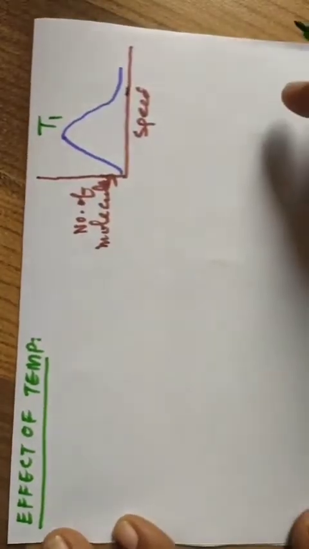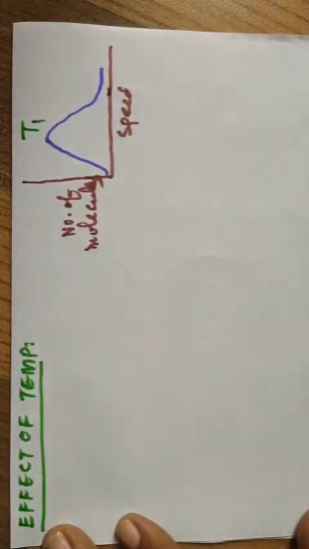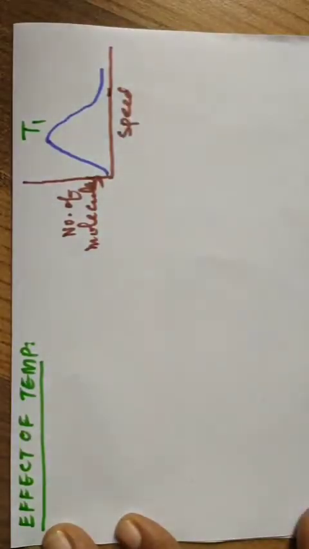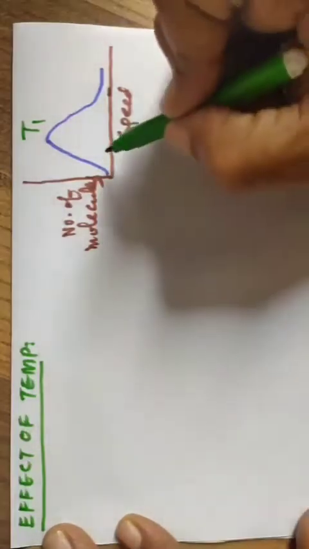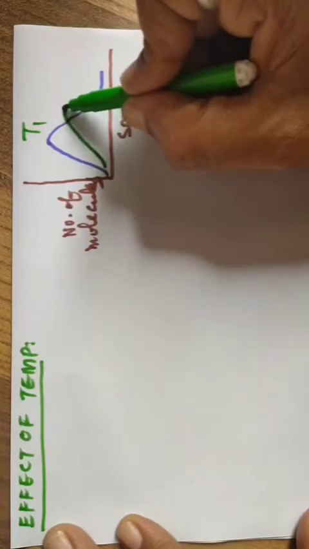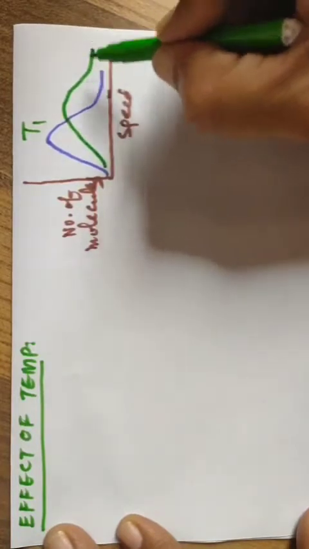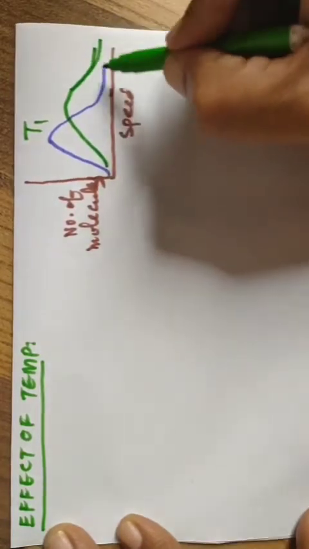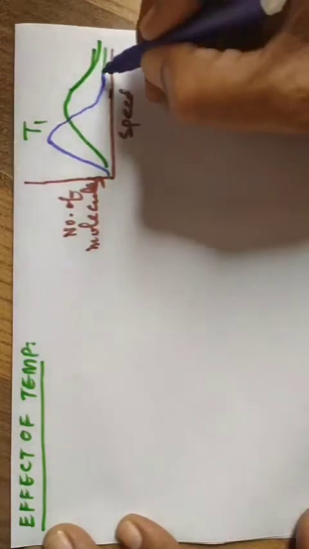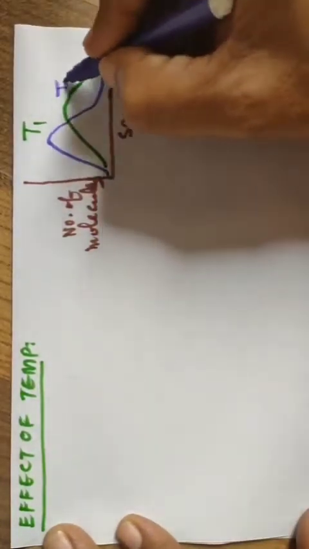Now if you take a higher temperature, conduct the same experiment at a higher temperature, the graph will be like this. This is at T2 temperature.